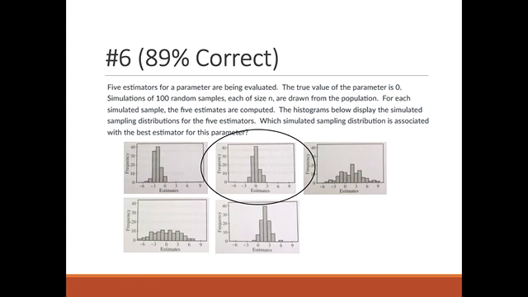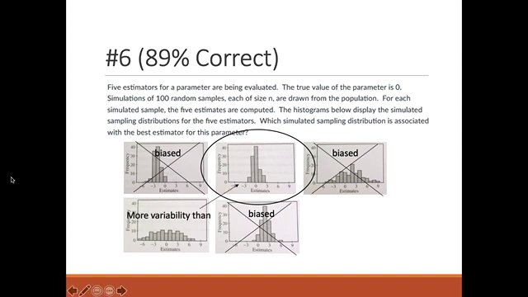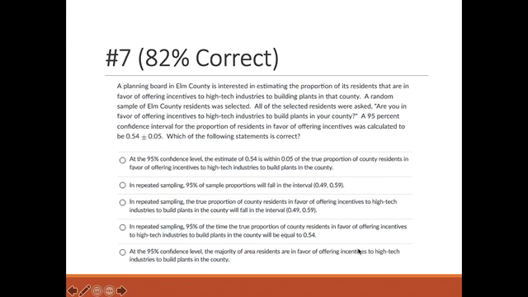So this one is unbiased, and it has the smallest amount of variability. Those three are biased because 0 is not at the center of the simulated distribution. And this one has 0 at the center, but it has a much larger spread than this one. So that's why that's the best estimator of the parameter.